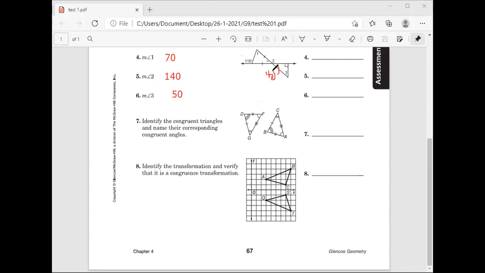And this 40 and angle 3 are complementary angles. Their sum equals 90 degrees, or the sum of interior angles inside a triangle equals 180 degrees, which means it will equal 50 degrees.